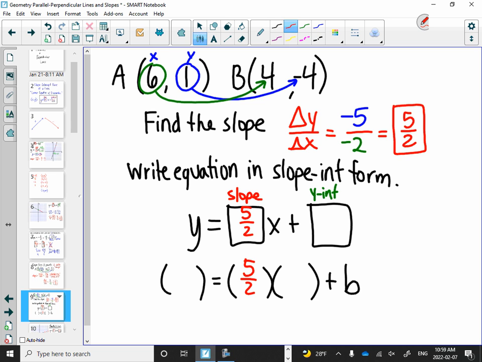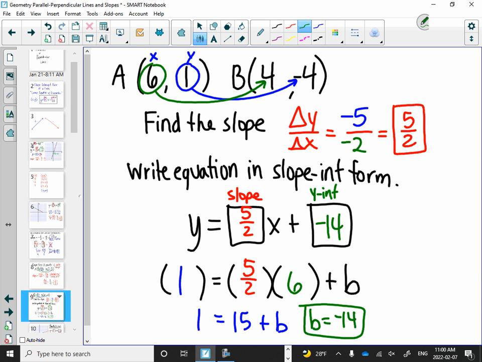So you can put 6 right here in place of x, and then you can put 4, no, since I use 6, I have to use 1, okay? And then you simplify. This part right here gives me 15. Okay, this part over here is 1. 15 plus what gives me 1? -14. And so you can find slope-intercept form by finding the slope and then plugging in a point for x and y, and then that can give you slope-intercept form.